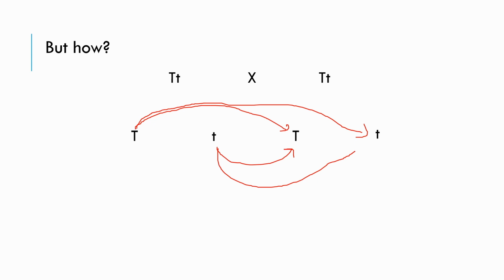The big T from this parent, we combine it with the big T from the other parent, and also the big T, we combine it with the small t from the other parent. And the small t from this parent goes to the small t of the other parent, of course.